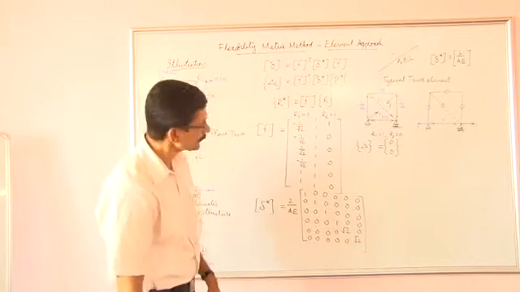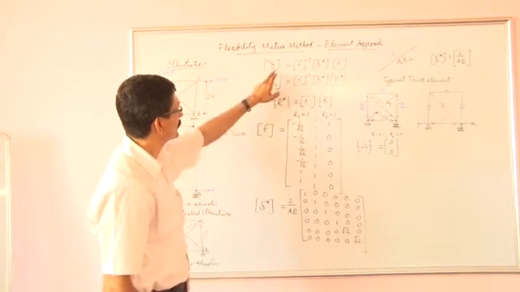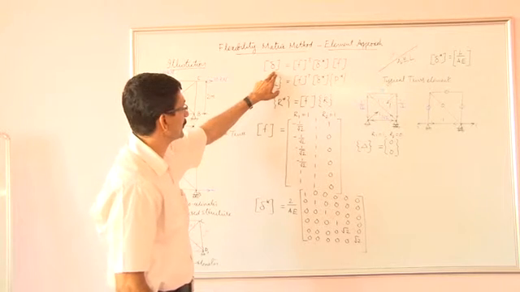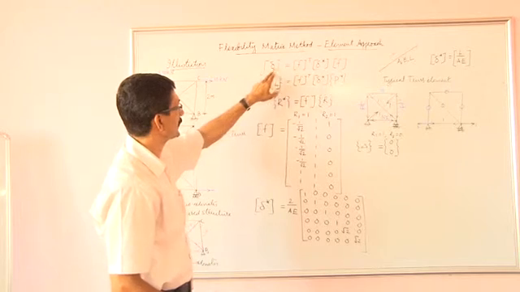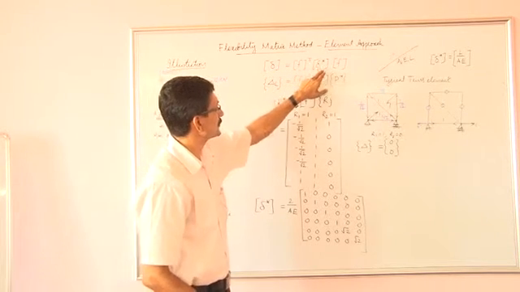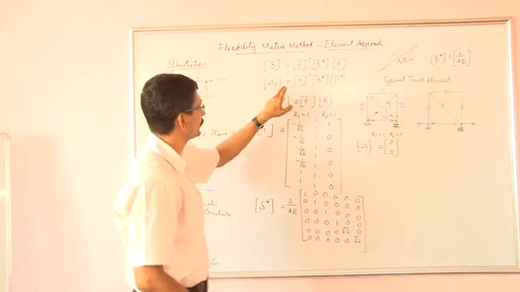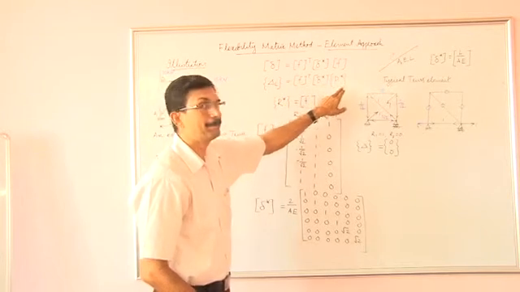Okay. Now we can find out this delta structure flexibility matrix and the delta L vector through these operations. Delta is equal to F transpose delta star F, and delta L is equal to F transpose delta star P star.